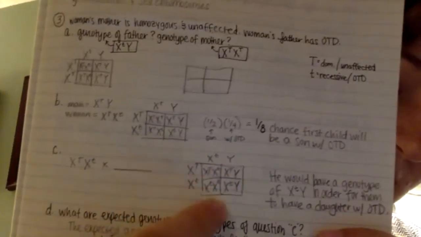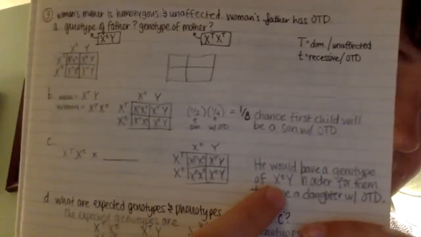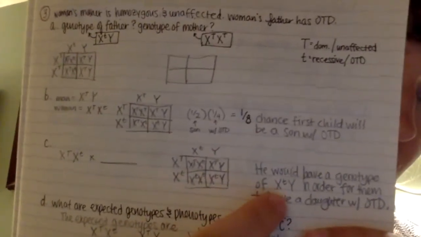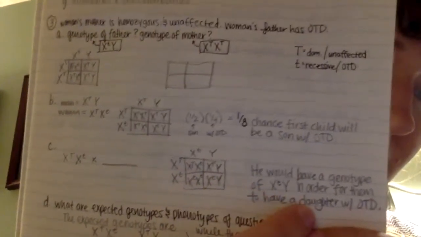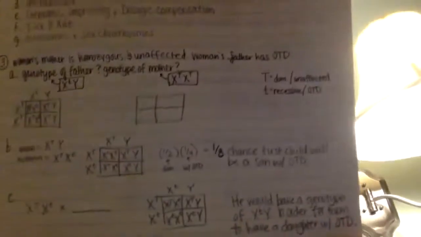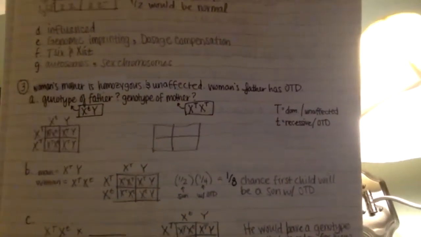So I set everything else up and got that. He needs to have an X with a recessive allele to have a daughter with OTD. Well, I guess the question's asking to identify the male. Oh, bam.